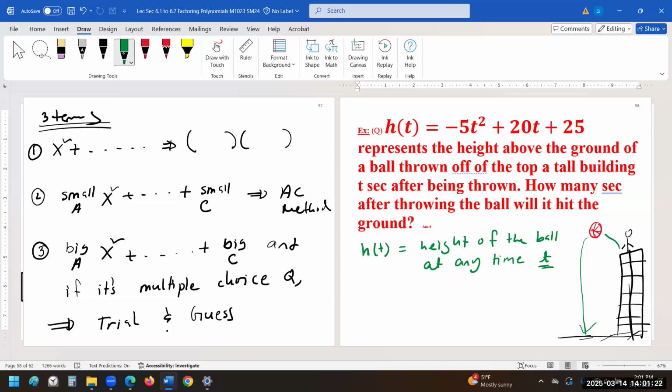This is the scenario. Good. When the ball hits the ground, what's the height of the ball? 0. So they are giving us the information indirectly that this h of t is 0.